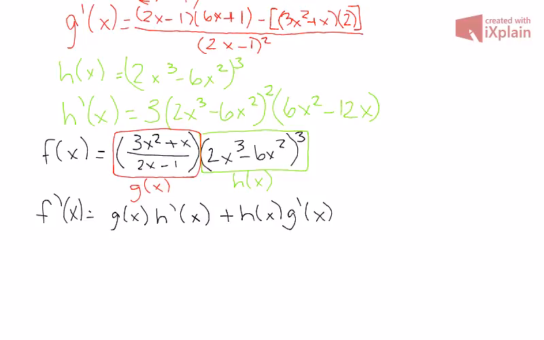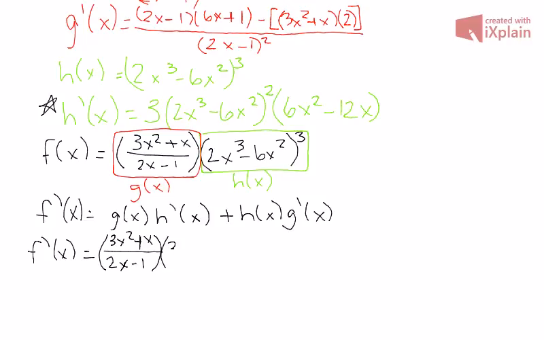Now the reason I split it up like this is because I wanted to do it in separate pieces, because otherwise we might forget pieces. So if we're looking at our formula that we just created, we could say f prime of x equals, our g of x is left alone, so we have 3x squared plus x divided by 2x minus 1, and then times our derivative of h of x, which we did right there.